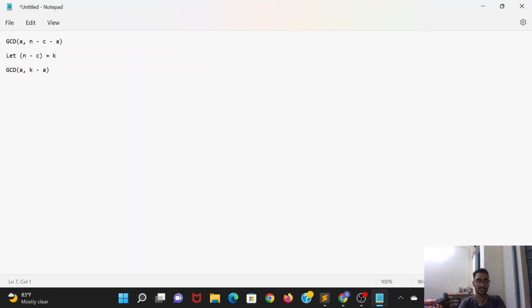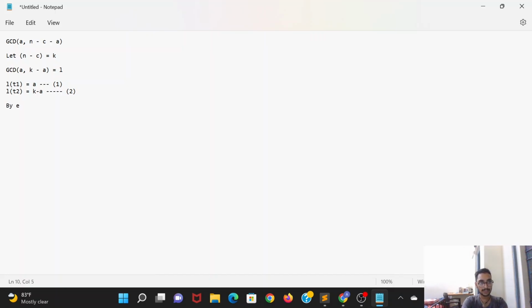So suppose this GCD is say L. This basically tells us L into T1 is A and L into T2 is equal to K minus A. Now let us try to write T1 and T2 in both the methods. Let's call these equation 1 and equation 2.